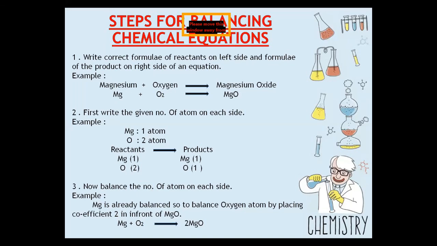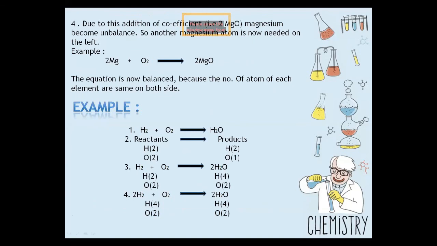Now the equation is Mg plus O2 gives 2MgO. Due to the addition of coefficient 2, magnesium becomes unbalanced because you added the coefficient 2 in front of MgO.